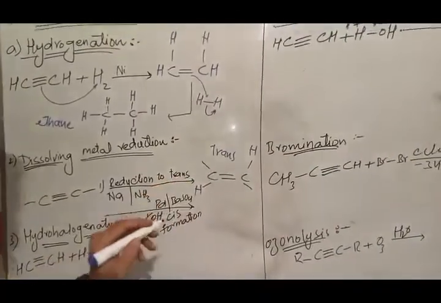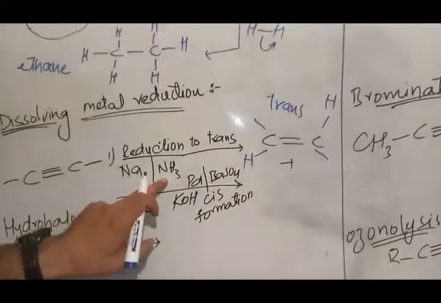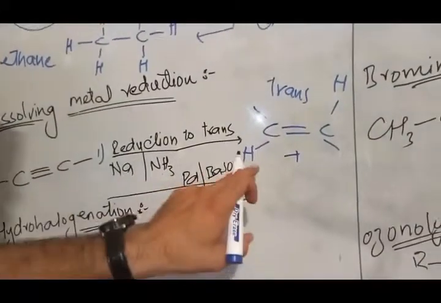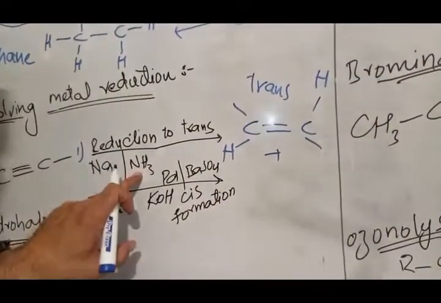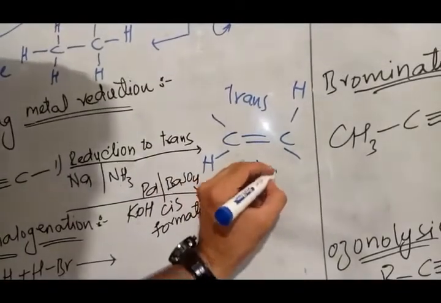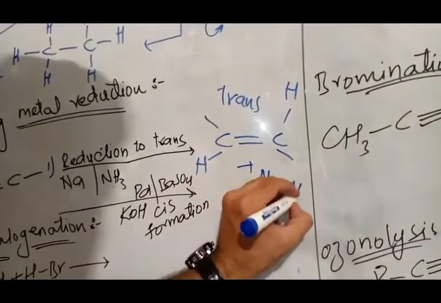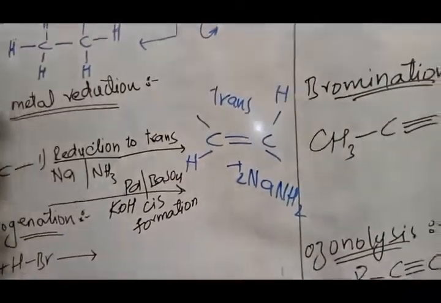So this will be our product, and our side product will be, as you know, that this ammonia releases hydrogen, and that hydrogen is placed at this point. After releasing hydrogen, this ammonia makes a bond with sodium, and as a result this will give us the side product NaNH2, and that NaNH2 will be 2 moles.